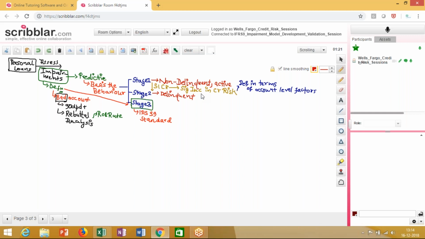So two questions come up over here. How do you define the significant increase in credit risk? So what are the staging criteria?